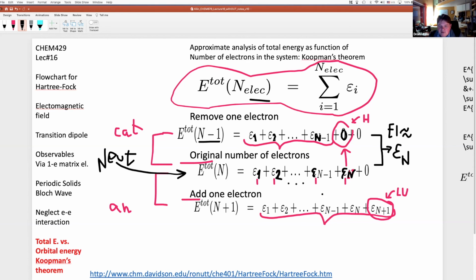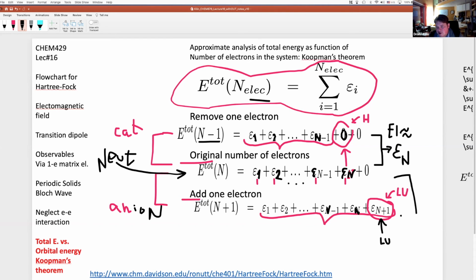And the same trick works for the addition of an electron, for the anion. If we populate the LUMO, there will be a contribution from orbital n+1, and we will have E1, E2, up to E(n-1), E sub n, and then E sub n+1.